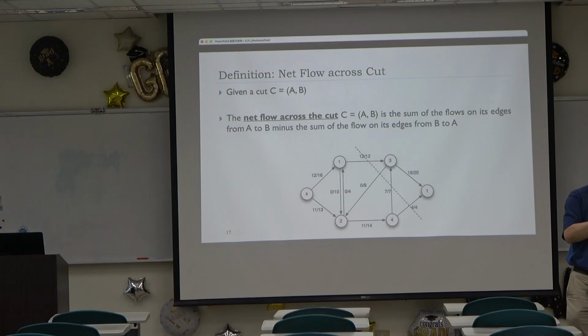So regardless, we don't have to have the nodes in set A or set B connected. If you count the flow between set A and set B and add them up, it will be the maximum flow.